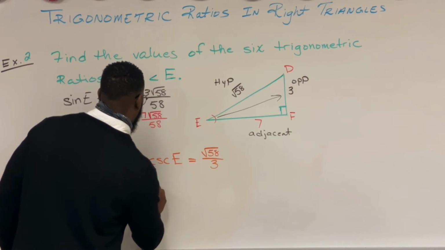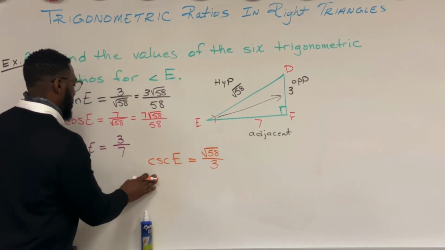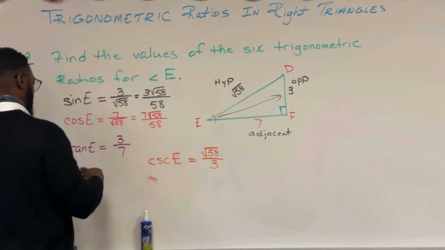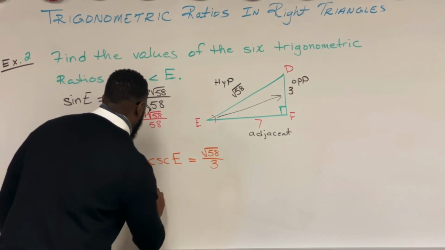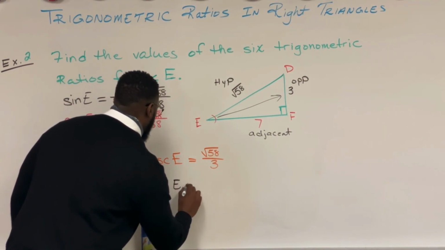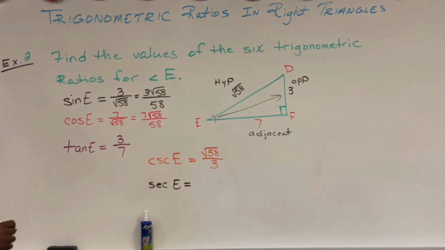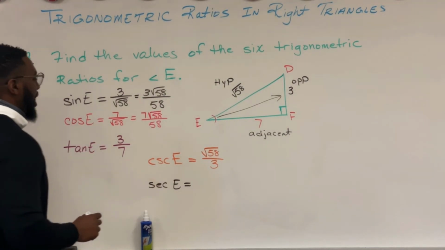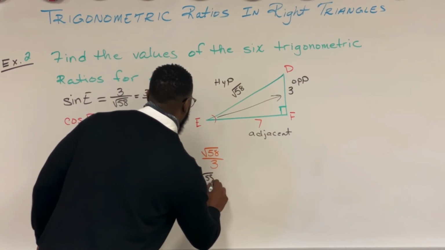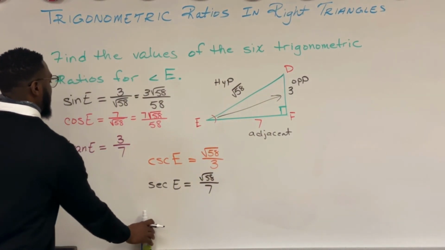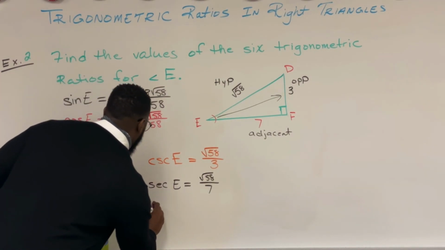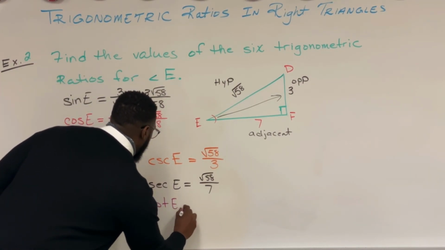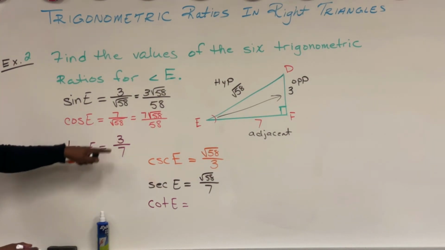Secant is the reciprocal of cosine. So right here is the square root of 58 over 7. And then we have cotangent. Reciprocal of tan, 7 over 3.